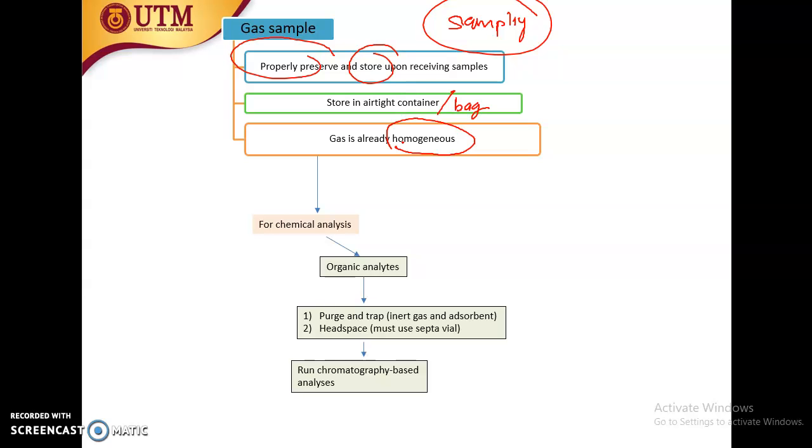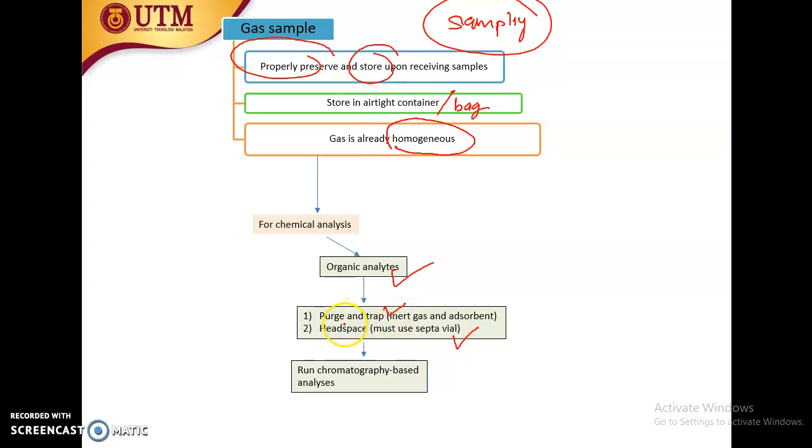Usually we need the apparatus that is connected to the instrument, like what we saw in the headspace solid phase microextraction just now, headspace SPME. For organic analytes, you have two options: the headspace that I showed you, and the conventional method, what we call purge and trap.